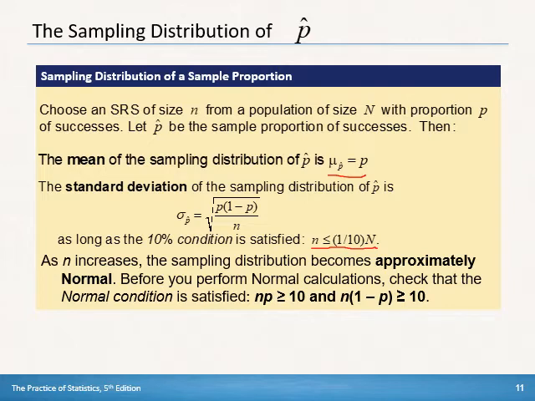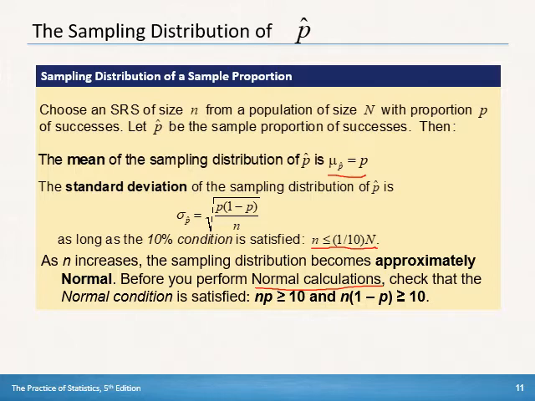All right, and then the last thing we want to check. We're going to start having to check a lot of stuff when we start looking at our 3 and 4 step processes. Here, in order to do calculations as though the sampling distribution of p hat is normal, we have to first know that it is normal, and we check that by looking at the large count condition.